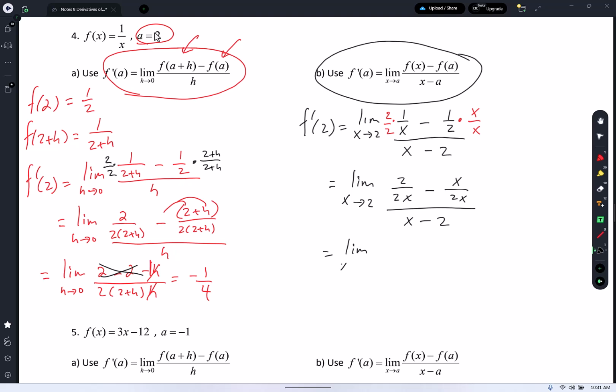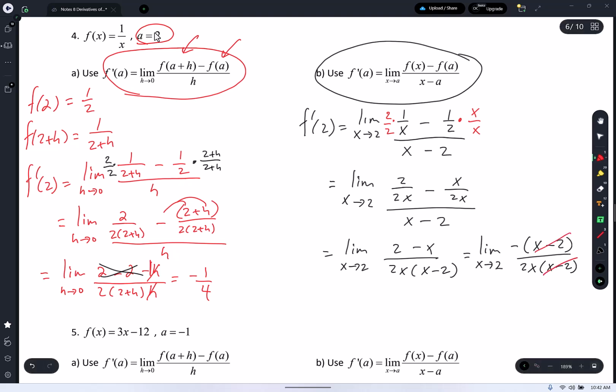Limit as x approaches 2, and I'm going to write 2 minus x over 2x times x minus 2. I'm going to factor out a negative in the numerator. So here I am, limit as x approaches 2, negative in the numerator, x minus 2. And look what's going to cancel. The x minus 2 cancel. And now you can do direct substitution because you no longer get a 0 in the denominator.